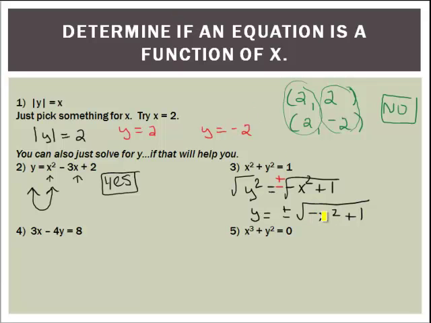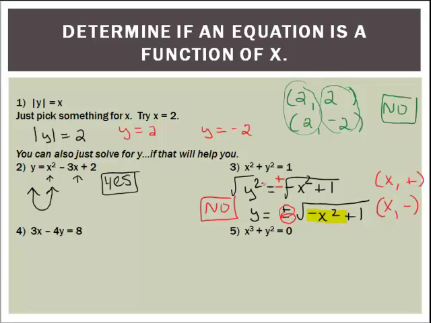Every time you put an x in here, whatever that number is, you're going to get the positive for the y, whatever it happens to be. Then that same value for x, you're going to get the negative value for y. So you're going to have repeating x's with different y's. That means this is not a function.